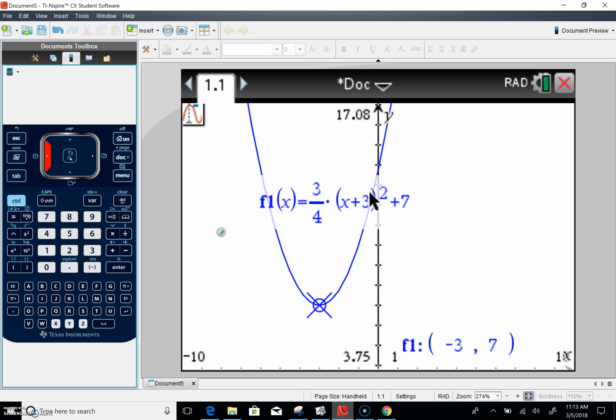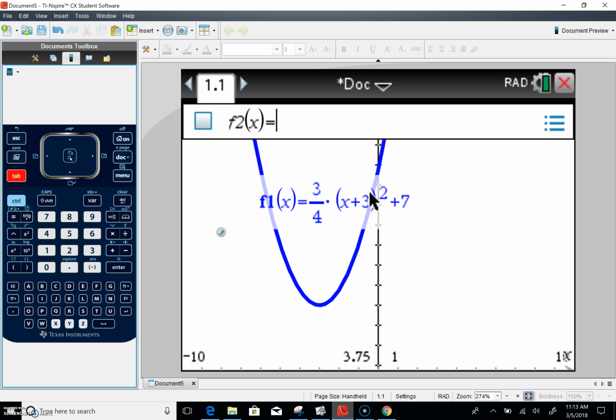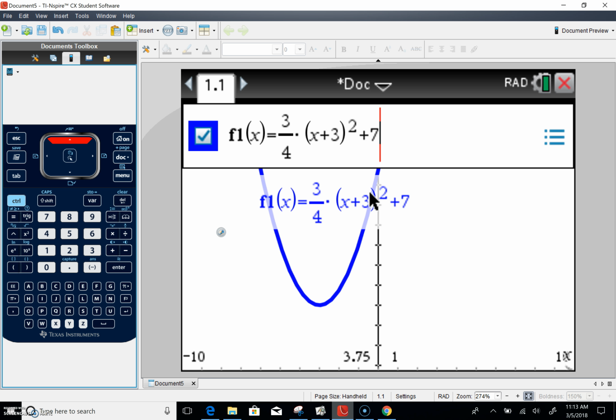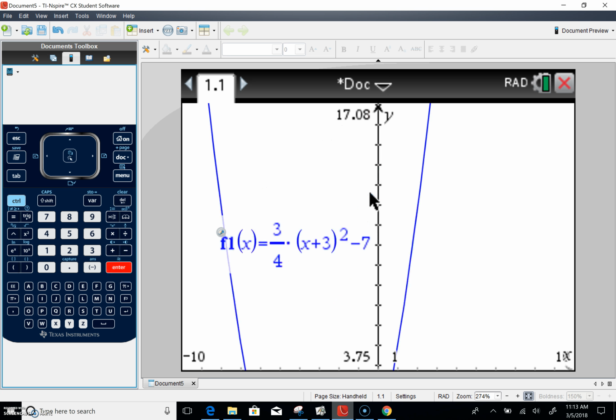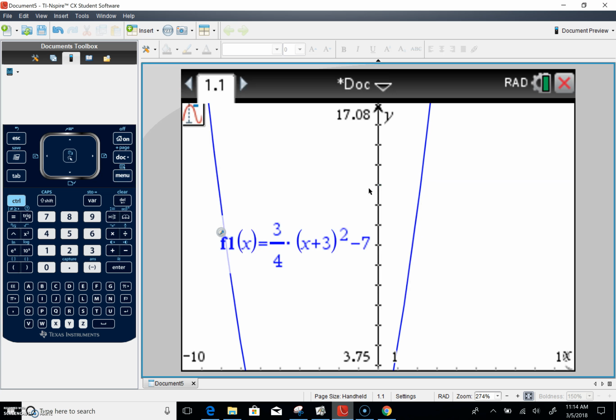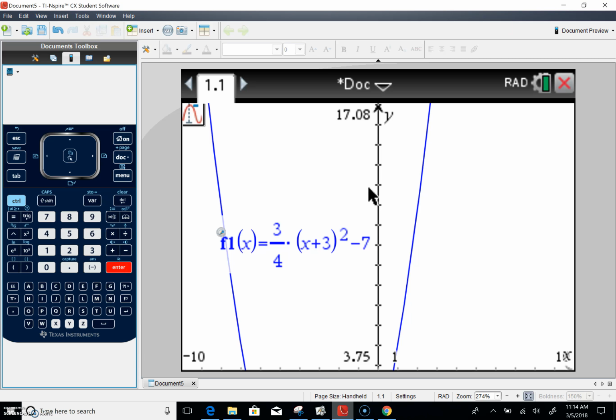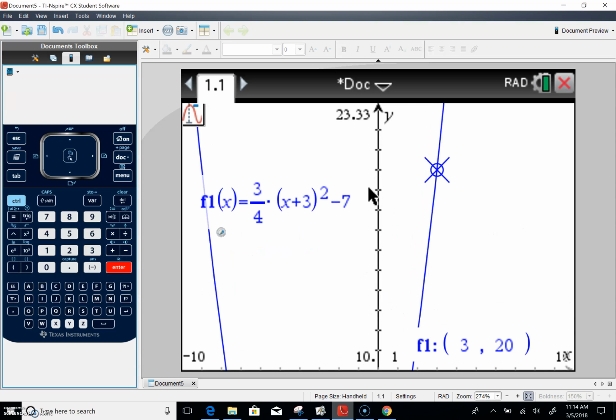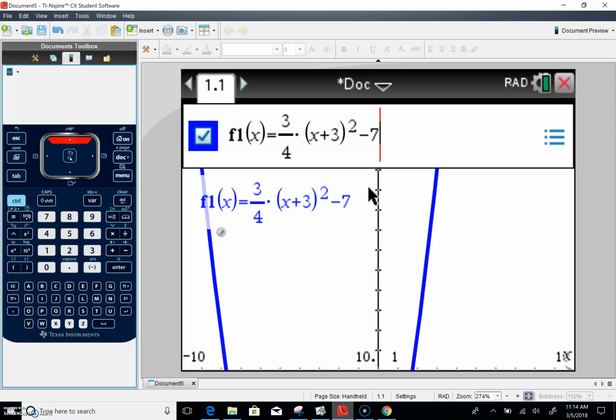Okay, so I go to the next one. This one says minus 7, so I'm going to delete that and put minus, enter, menu, trace, graph trace, enter. Okay, so one of my numbers is 3, so I'm going to put 3, enter. See, that's not correct. Okay, so I go to my next answer choice.